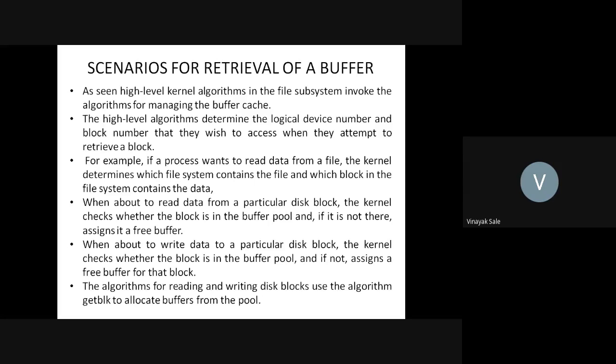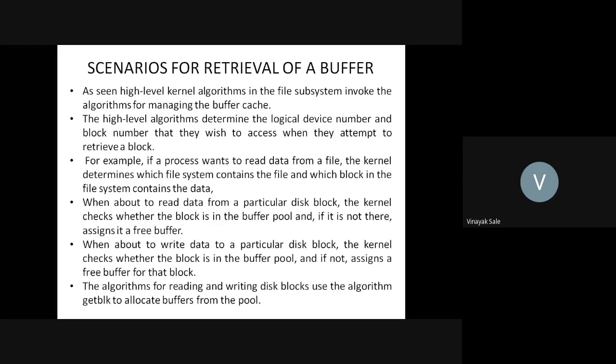For example, a process wants to read data from a file. The kernel determines which file system contains the file, and which block in the file system contains that data.